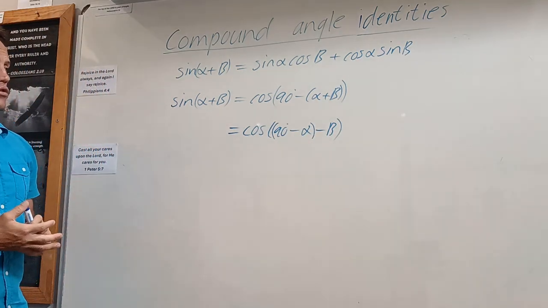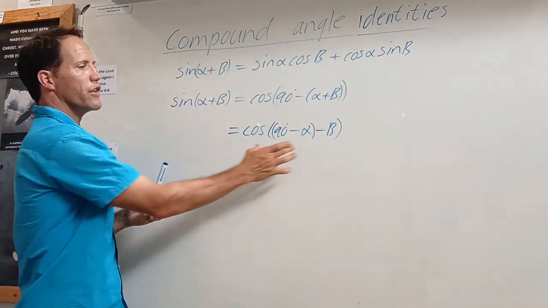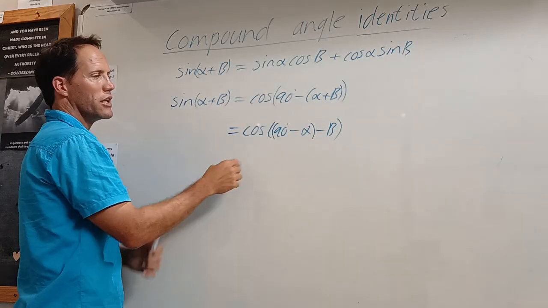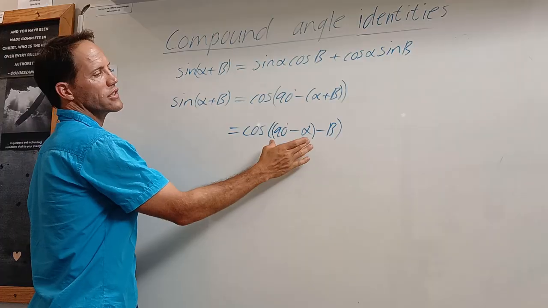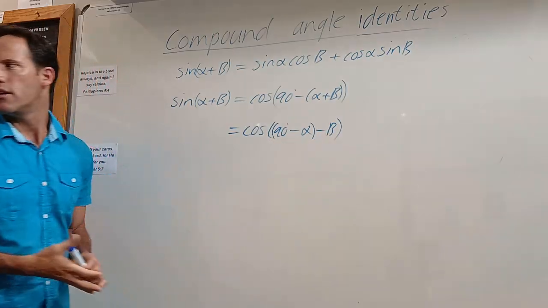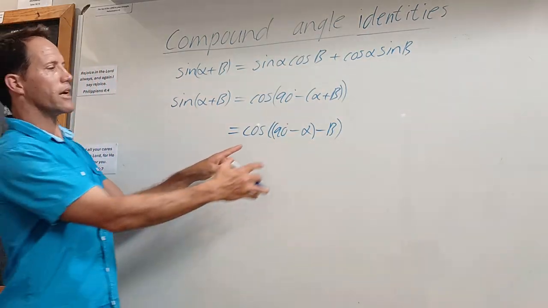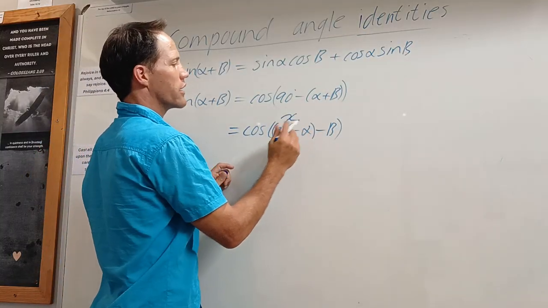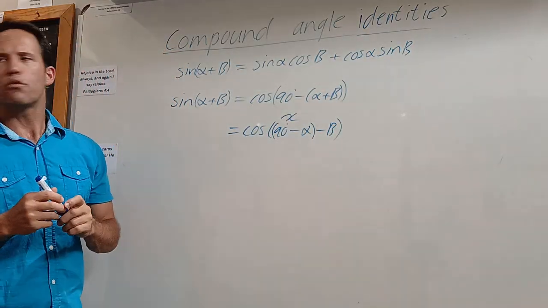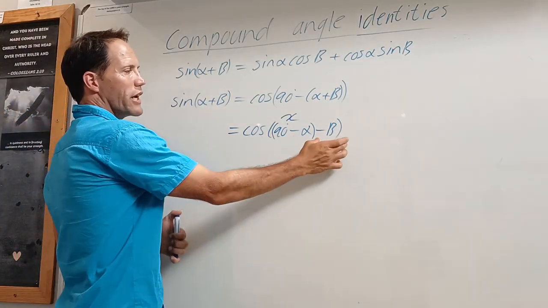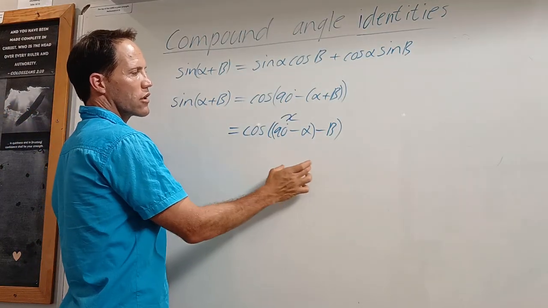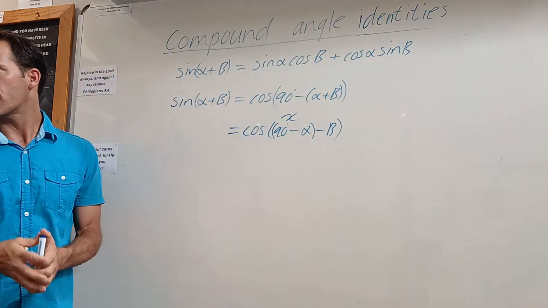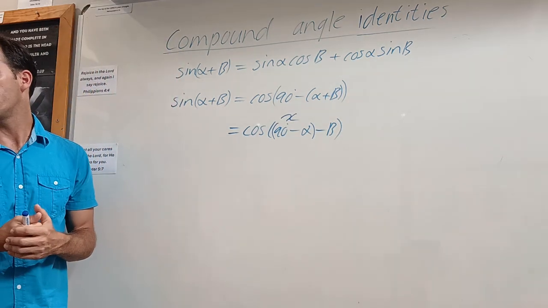Now if you think of this as an angle, then we're back to what we did in the beginning. Cos, let's say cos x minus beta. If you think of this as one angle, what would happen if this was cos x minus beta? It would have been cos x minus beta is cos x cos beta plus sine x sine beta. Okay, from that first compound angle we looked at.